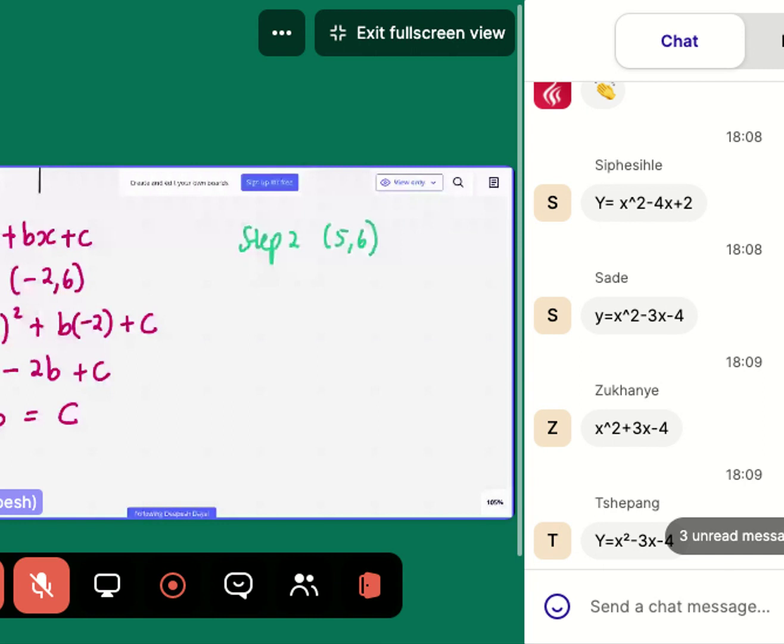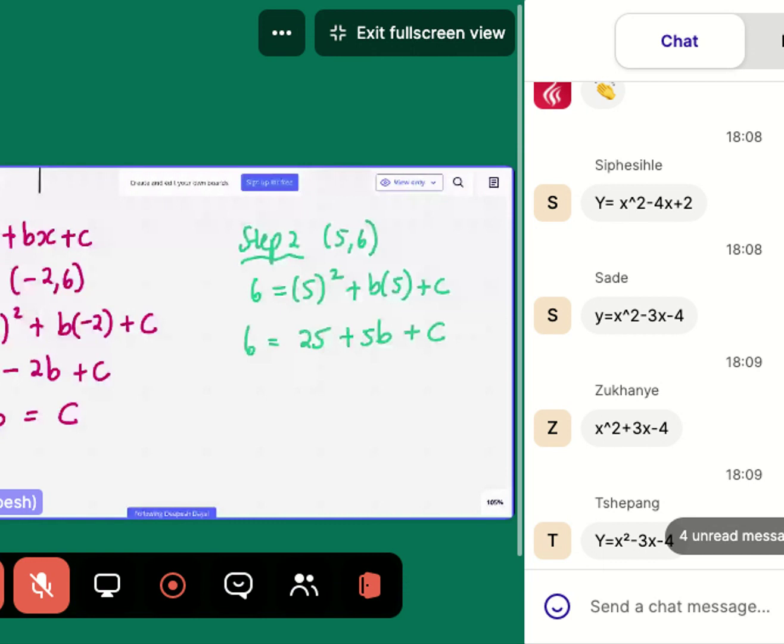We're then going to plug in, so it's going to be 6 equals 5 squared plus b times 5 plus c. So it's 6 equals 25 plus 5b plus c.